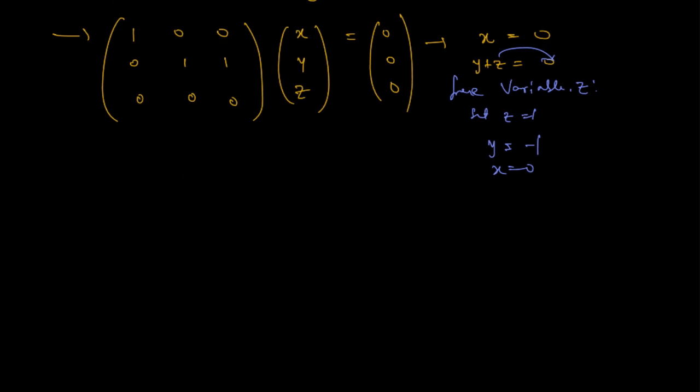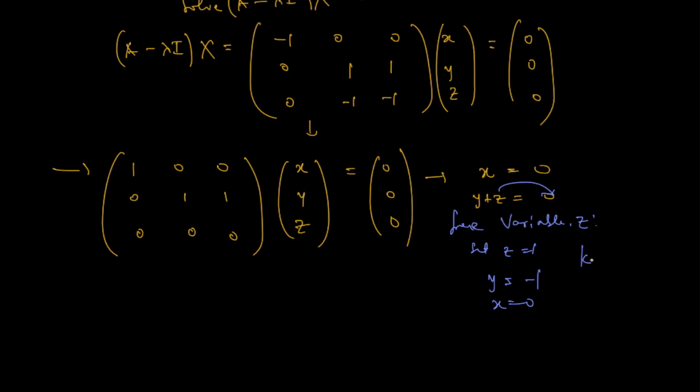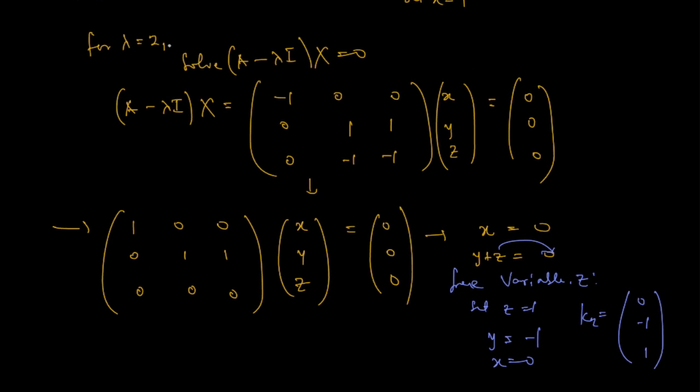Having gotten that, the eigenvector that corresponds to lambda equals 2 is k2 equals 0, negative 1, and 1.